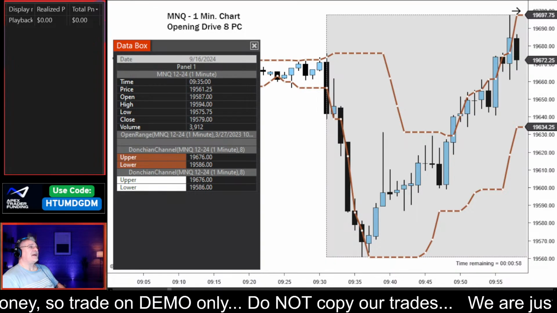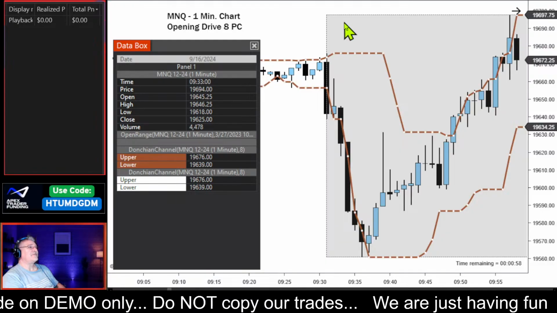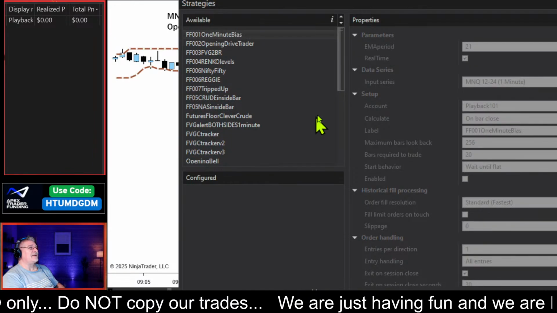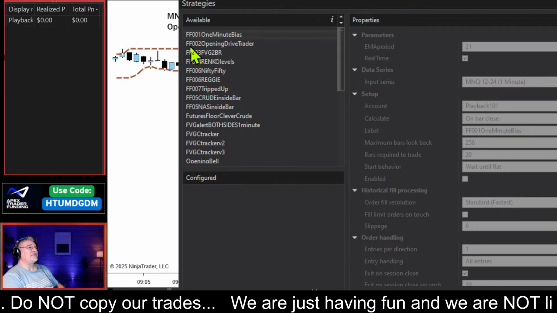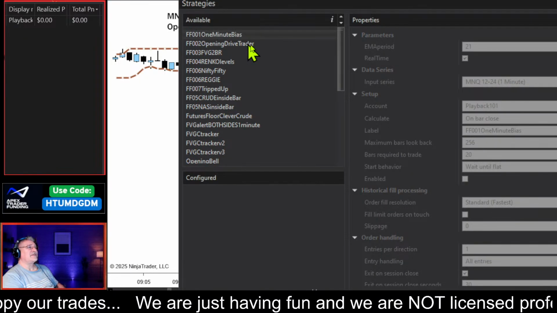I'm going to be back testing my opening drive. My opening drive trades with an algo. If I click on my strategies here, you'll see it's an algo I created. It's a variation of the opening drive trader. You can see it, Futures Floor 002 opening drive trader.